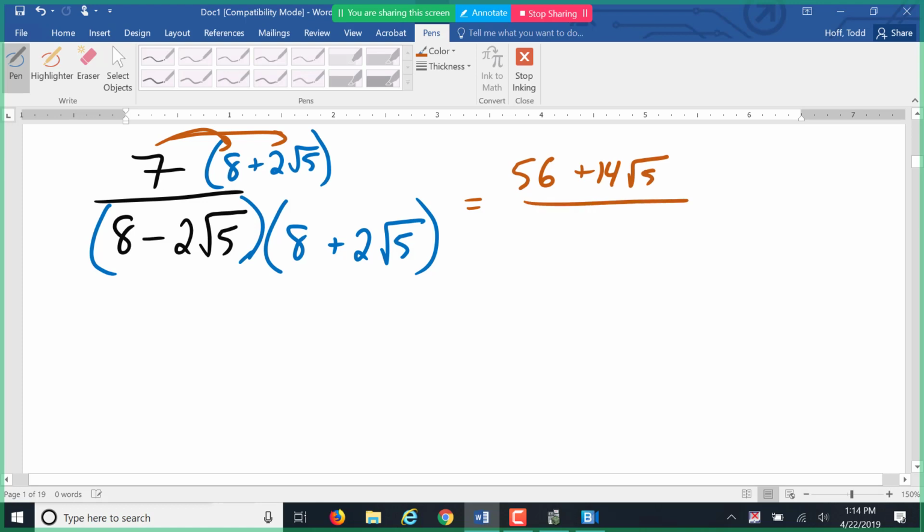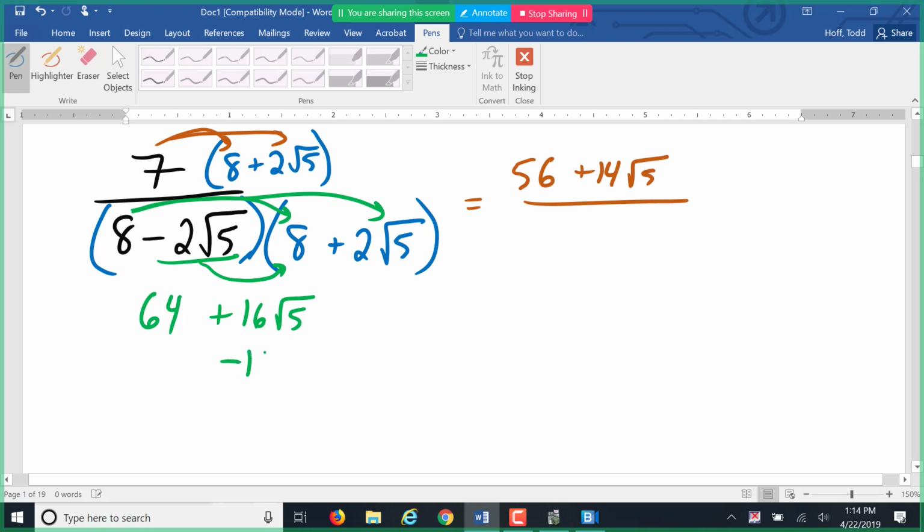On bottom, this is going to take a little bit more time. 8 times 8 is 64. 8 times 2 root 5. Well, 8 times 2 is 16, root 5. Negative 2 root 5 times 8.